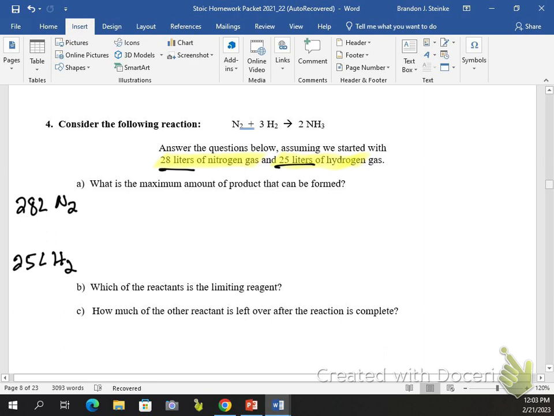So what I'm telling you to do in any limiting reactant problem, we need to take each of our givens and turn them into the product. So that's what you should be doing right now. Taking this given and give me how many moles of NH3, this given and how many moles of NH3, because they're both giving me an amount of product. This is volume, so we have a certain conversion from volume.